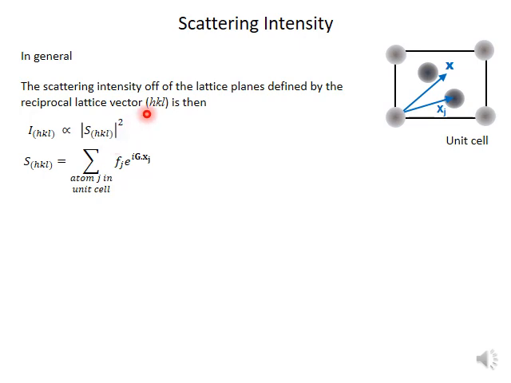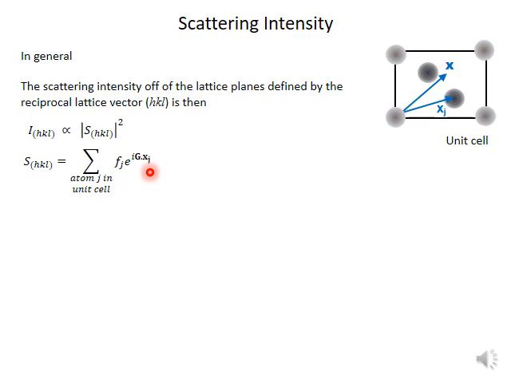The structure factor is given by such a summation, where the sum is over all the atoms in the unit cell, as we said before. There are two factors in the summation. One is the atomic form factor, where Fj is the strength of scattering from the jth atom, and e^(iG·xj) is a phase for that particular atom. We would see in a minute what that means.